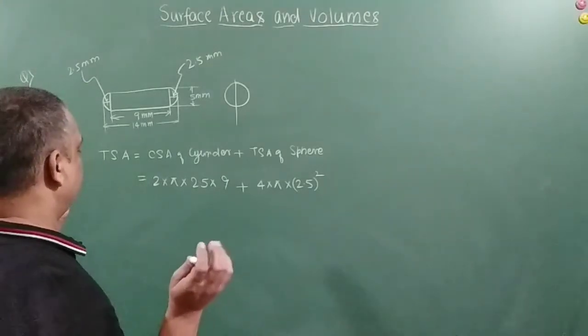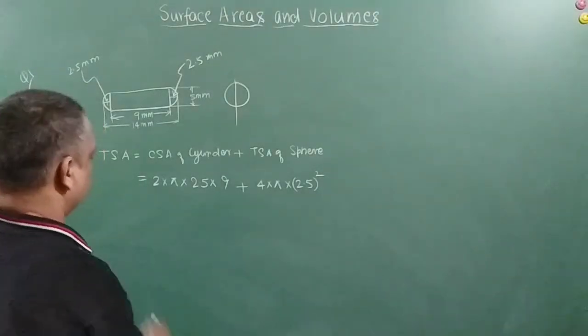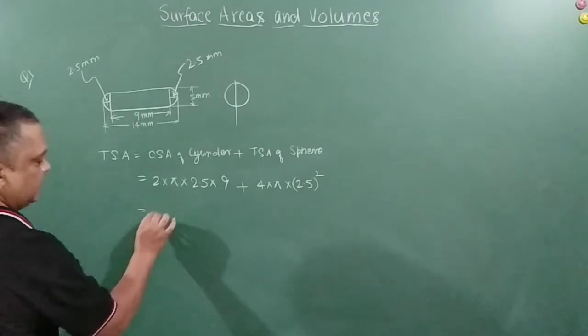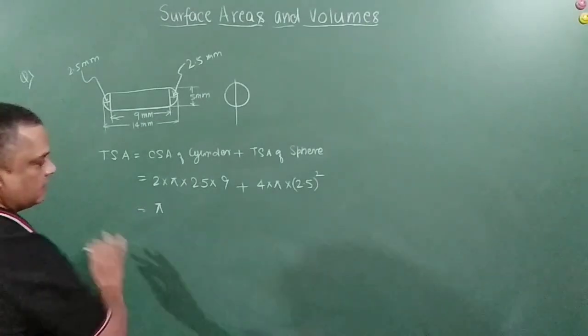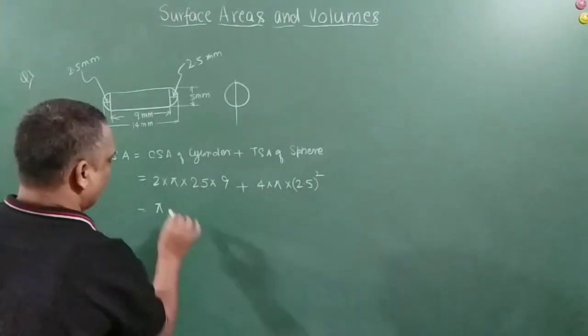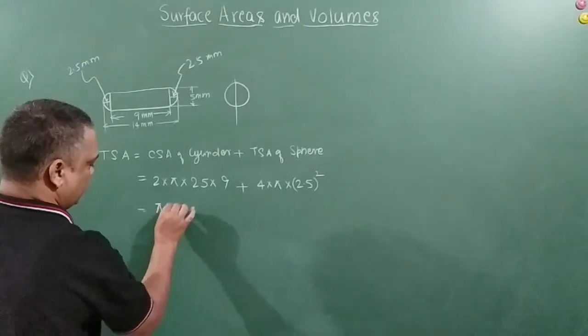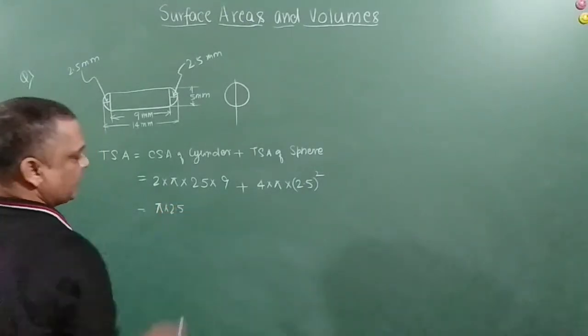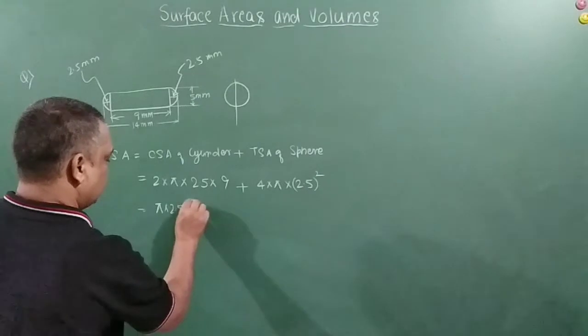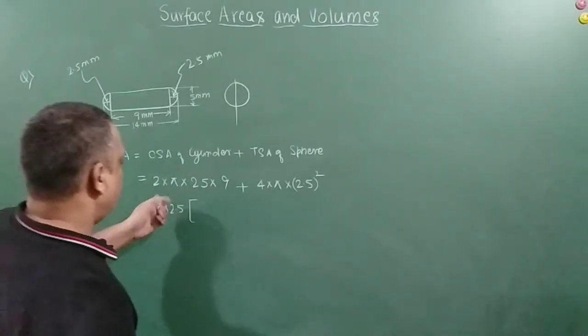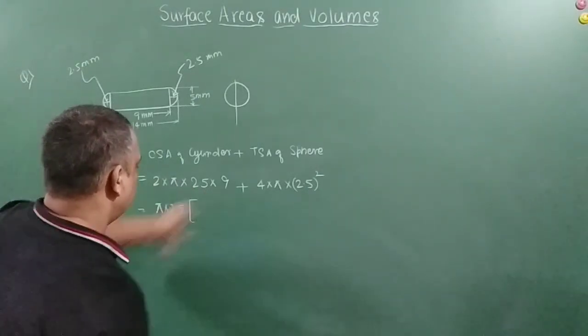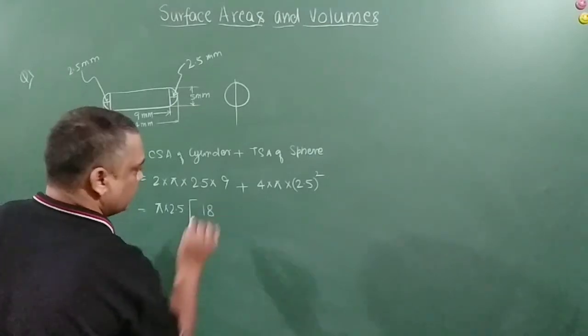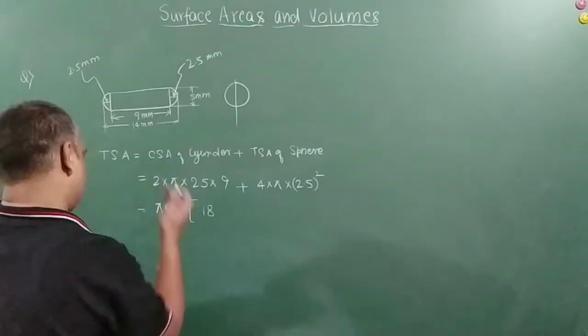Whatever we can take common, we will move out. So pi definitely we can move out of this. 2.5 also we can move out from this, right? So remaining is 2 and 9, that is equal to 18. Oh, we could have moved 2 also, no problem.